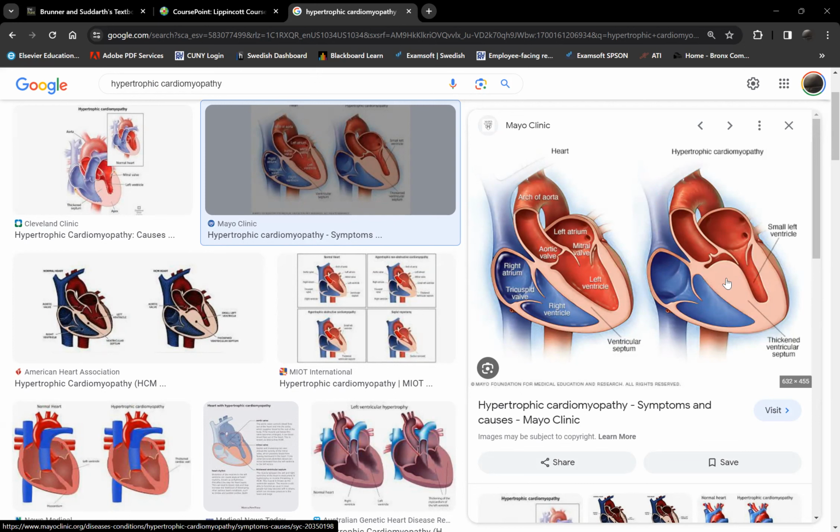Okay, so this thickness here is not like the heart went to the gym and just did biceps and then it got bigger. Not really. This is heart disease. It hypertrophied because of the opposite, because this is a weakened heart. Because it's not working as hard, it has remodeled, let's put it that way.